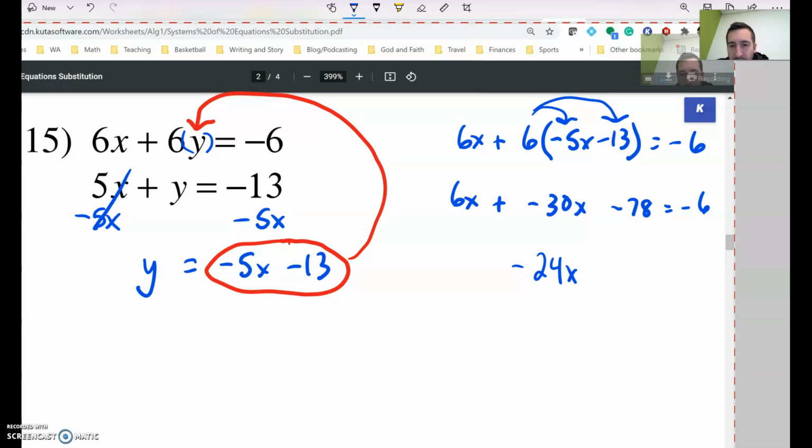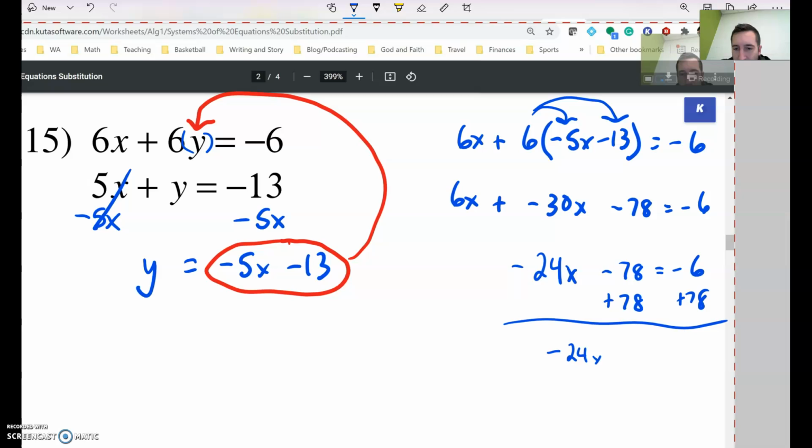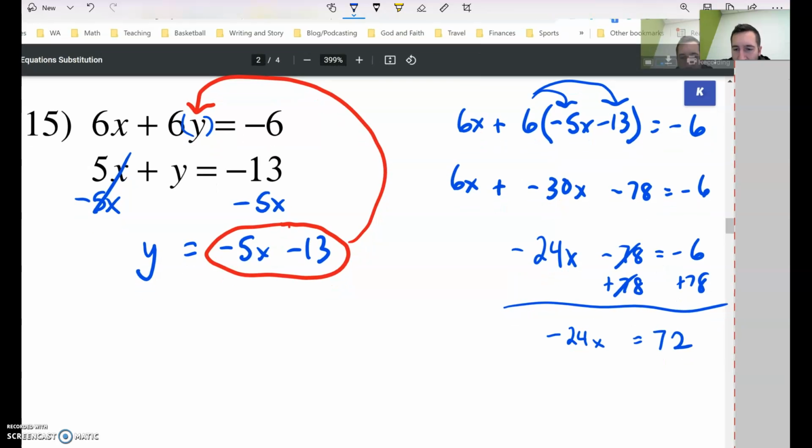You can use a calculator on this subtraction. I don't want subtraction with negatives to hurt us. I want us to be able to use the calculator. Minus 78 equals negative 6. Then we add 78 to both sides, and we get negative 24x equals, that cancels. 78 minus 6 is 72. That's going to go in evenly. Let's ride.